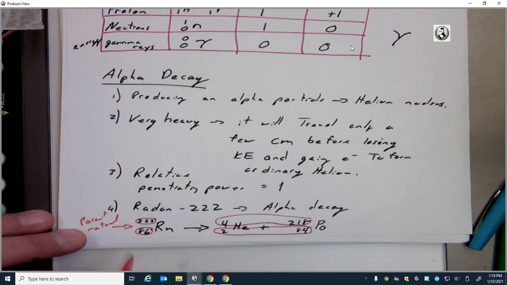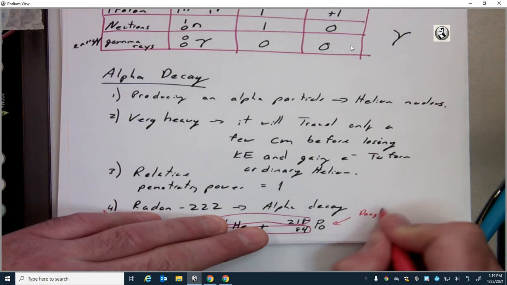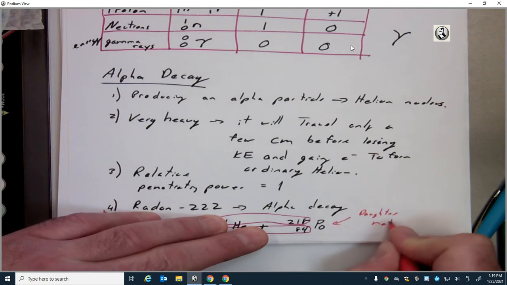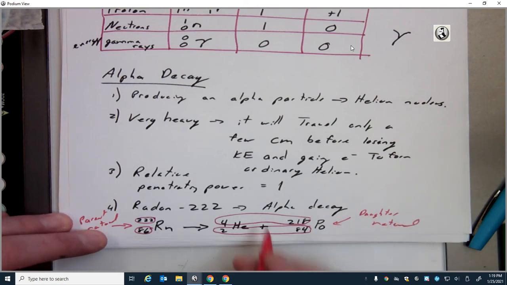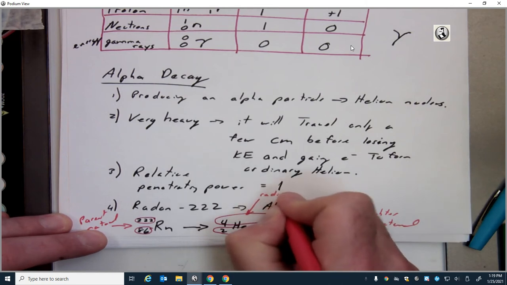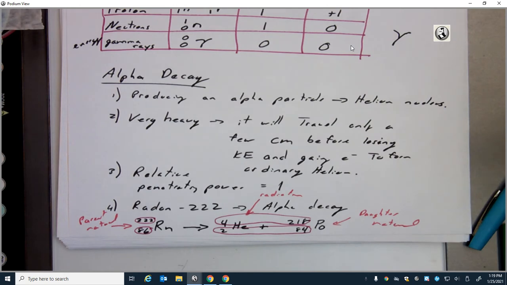Now, this is the parent material, and this is radioactive. The polonium is my daughter material. It's what the radon turns into. And this alpha particle is my radiation.